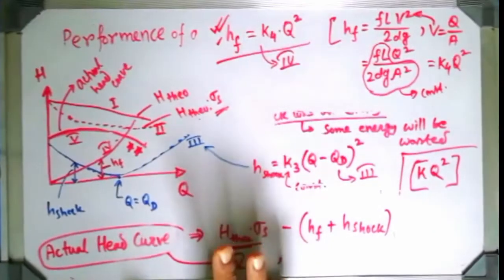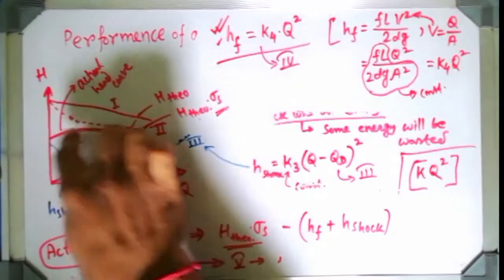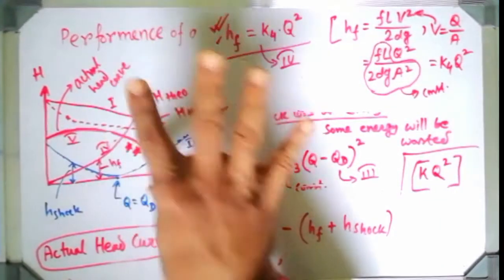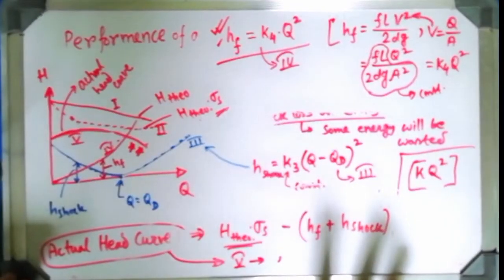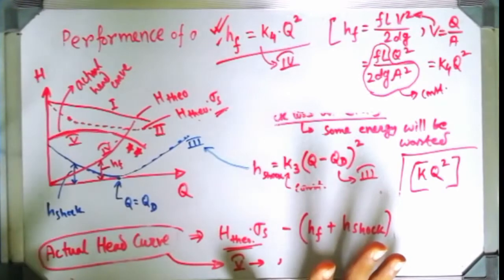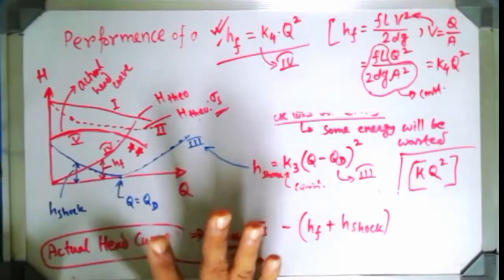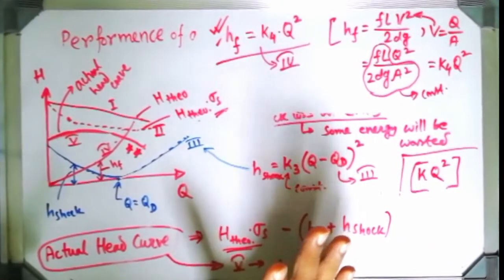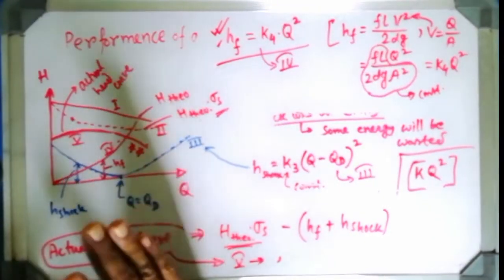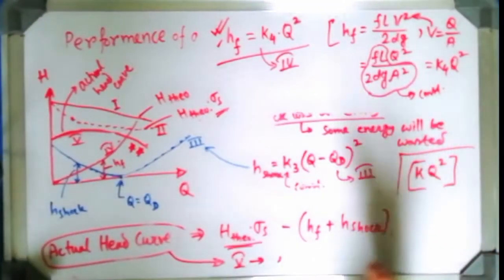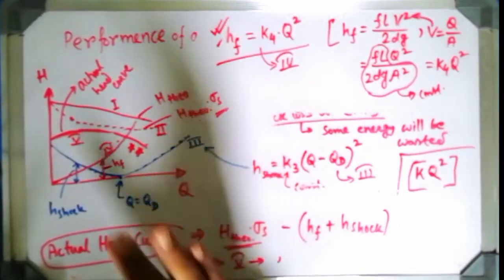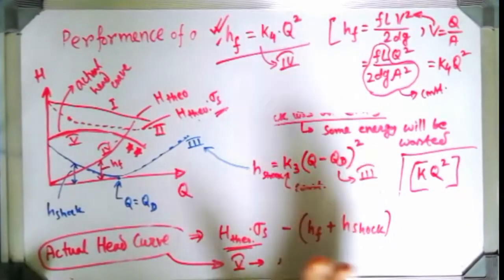In any textbook, you only see the actual head curve. They won't show you all these curves. Some foreign publications show all these curves. Among the common Indian authors, if you follow S.K. Soam's book, he is my godfather, so I blindly follow him. From his book you can get all these things, but never follow Bansal.